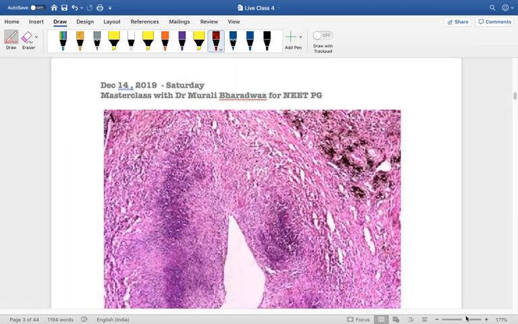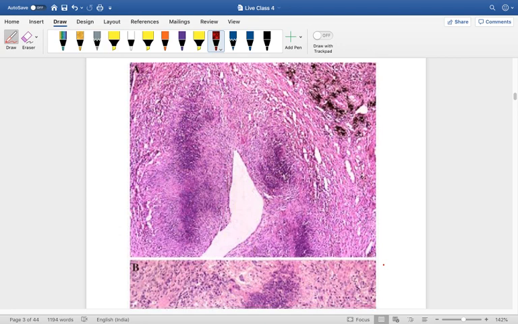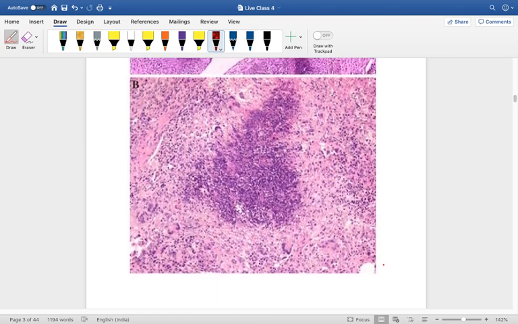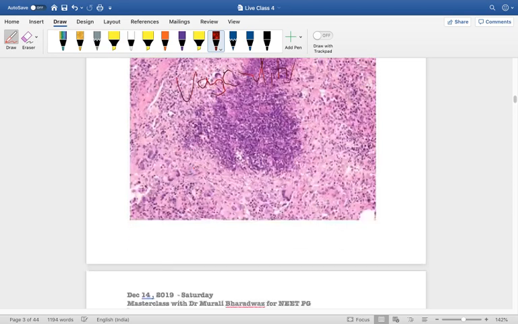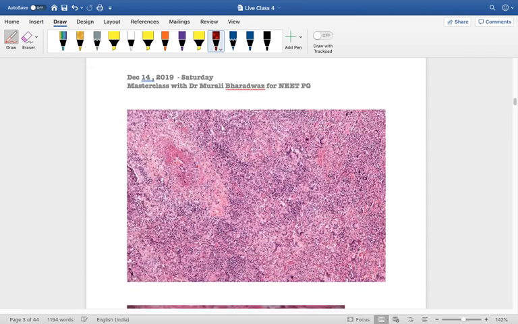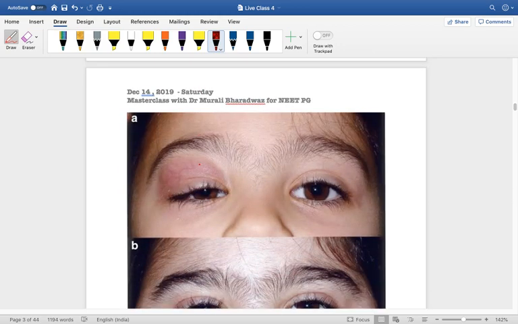What are you able to see here? Some histology you are showing us, doctor. Yes. This is the histology of vasculitis. What is this? It is vasculitis. Which vasculitis will show this kind of histology, doctor? This is another example of that vasculitis.